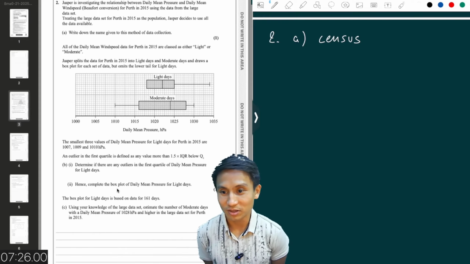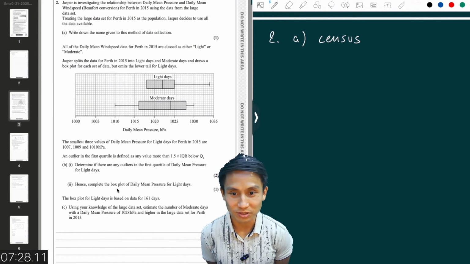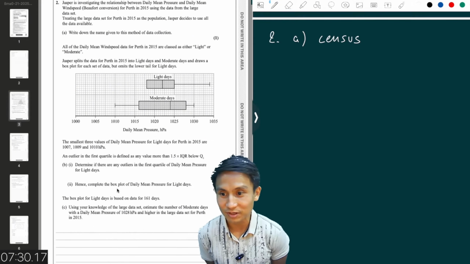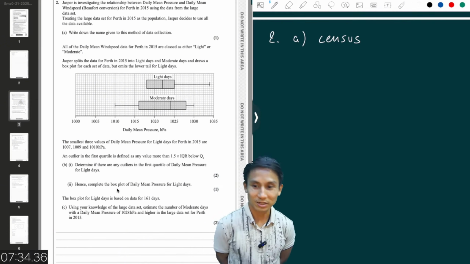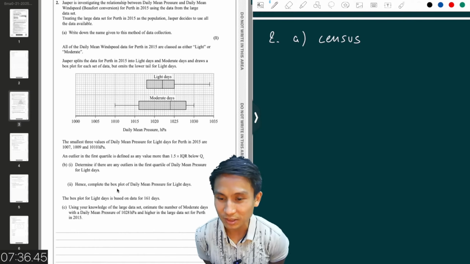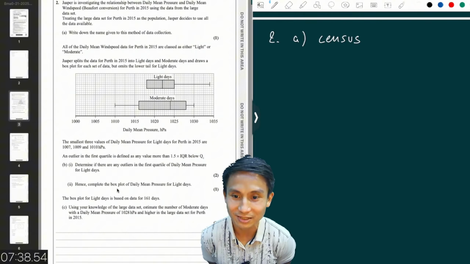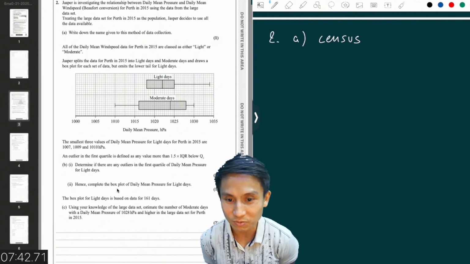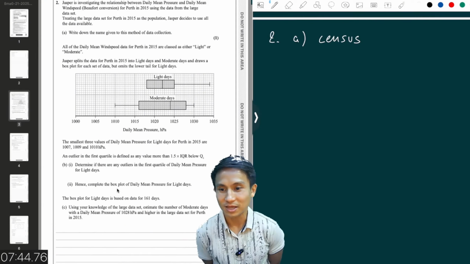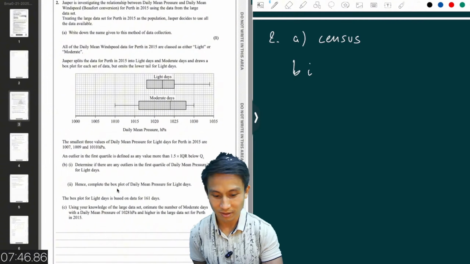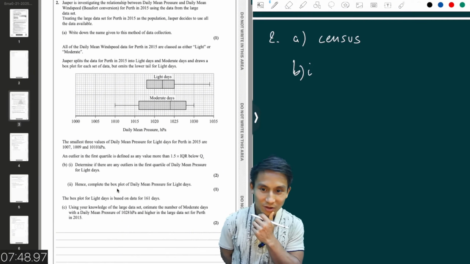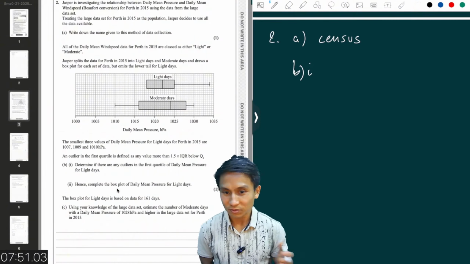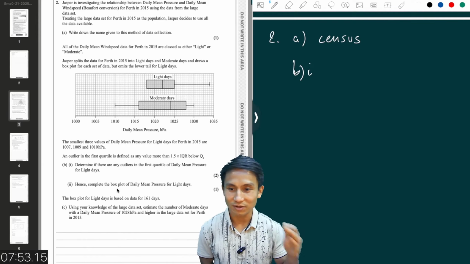The smallest 3 values of daily mean pressure for light days for Perth in 2015 are 1007, 1009, 1010 hectopascals. An outlier in the first quartile is defined as any value more than 1.5 interquartile ranges below Q1. Part b, i. Determine if there are any outliers in the first quartile of daily mean pressure of light days.